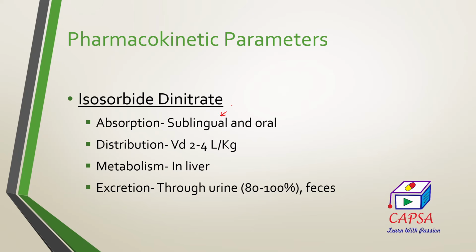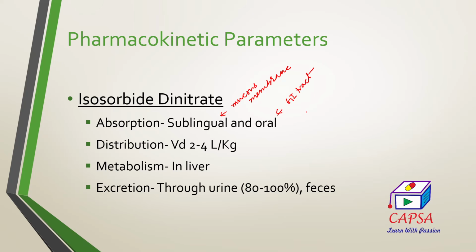Sublingually through the mucous membrane, and orally through the GI tract or gastrointestinal tract. Distributed in the body with the apparent volume of distribution 2 to 4 liter per kg.